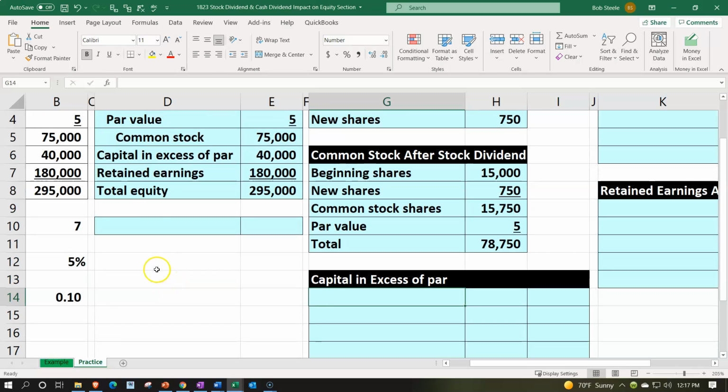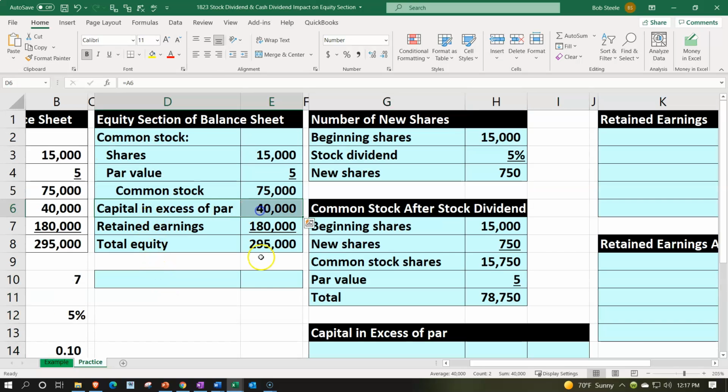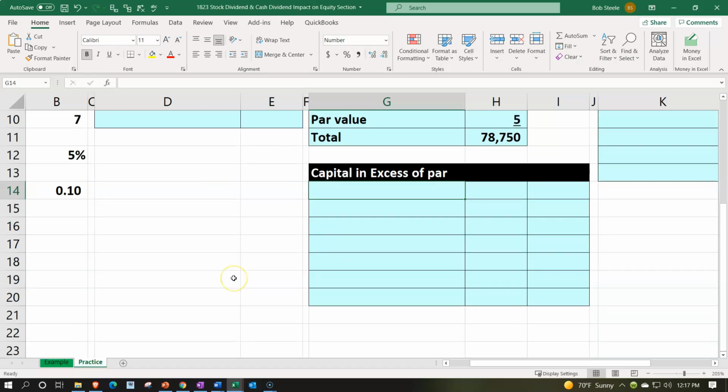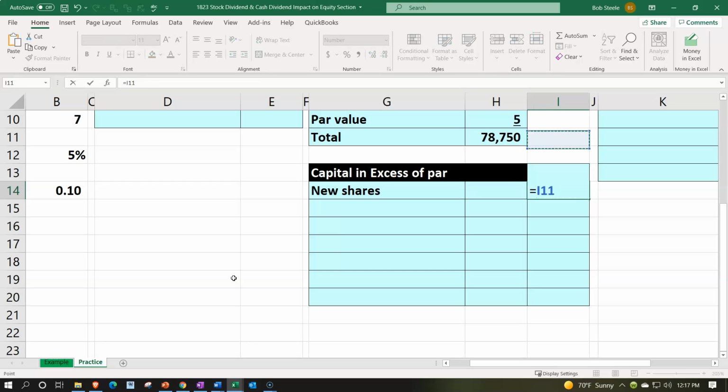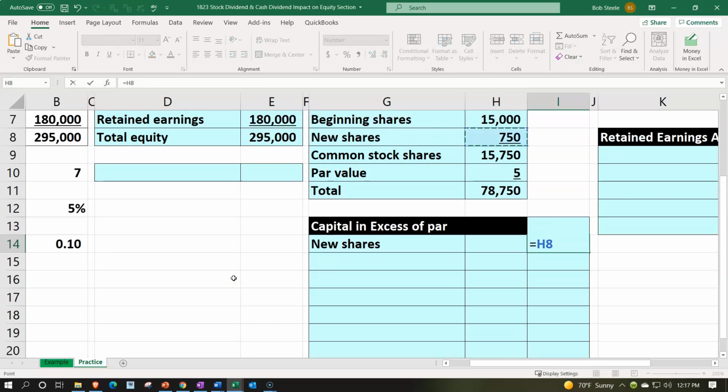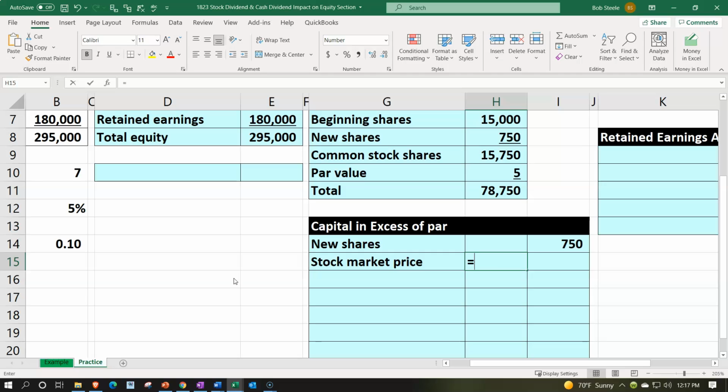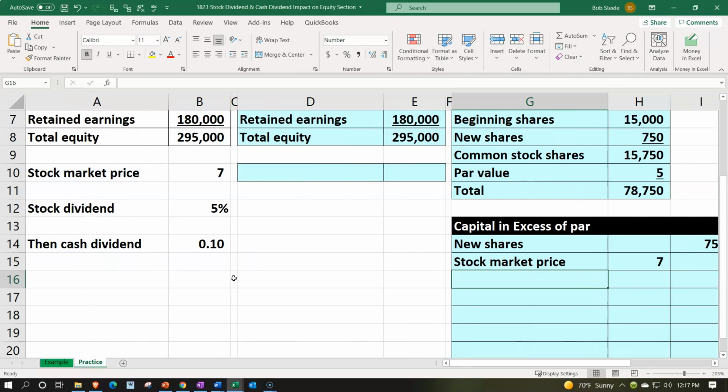We're looking at this number, which is going to be adjusted. That's going to be the new shares. The new shares is going to be equal to, let's pick it up here, the 750. And then we have the stock market price. So market price comes into play at the $7. $7 on the market price.